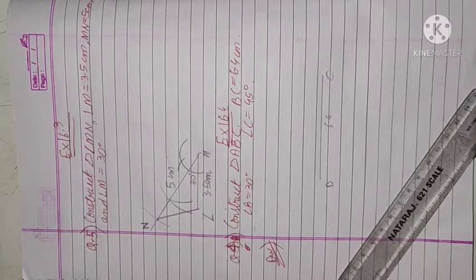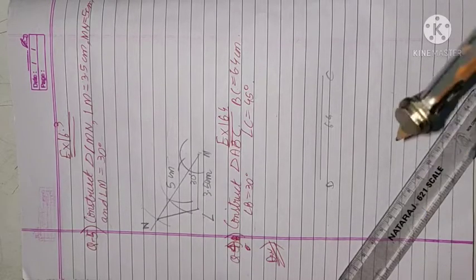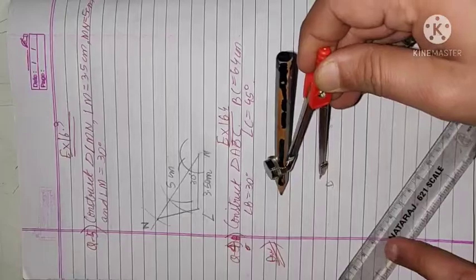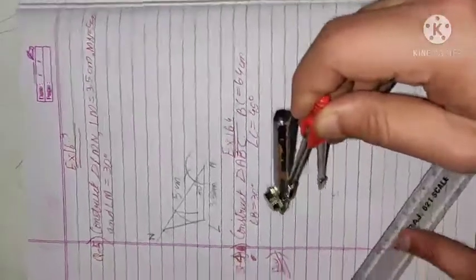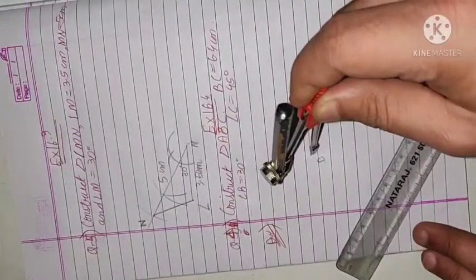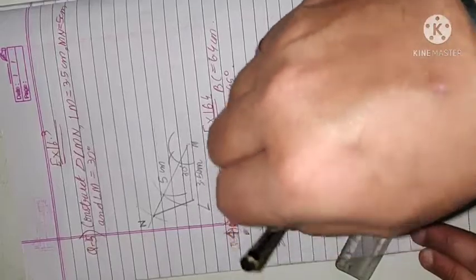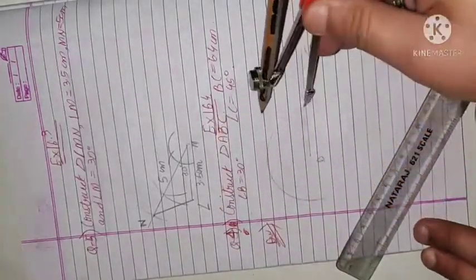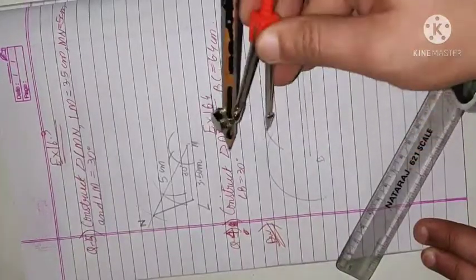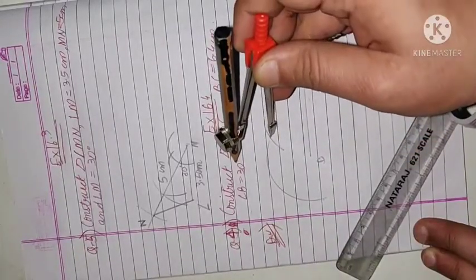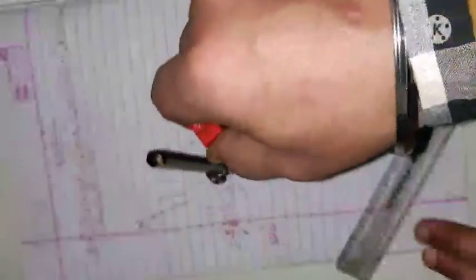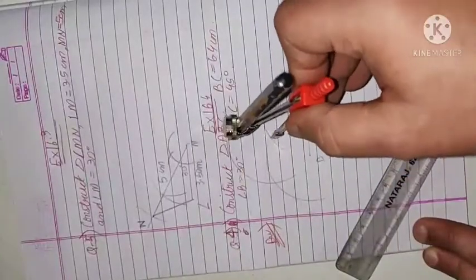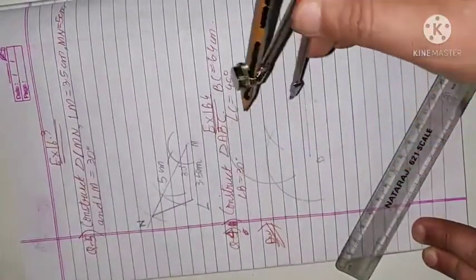First we will construct 30 degrees at angle B. So we have to construct 30 degrees.